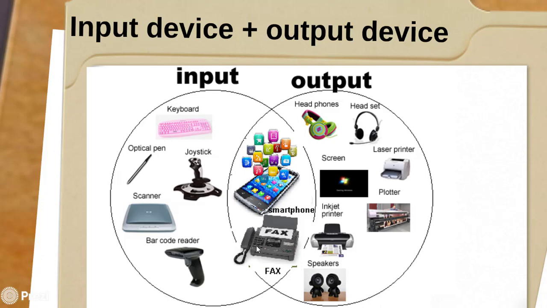Another is the fax machine, where you can input data through the keypads, and then outputted communication will be faxed onto the machine. So that's an example of combination of input and output.